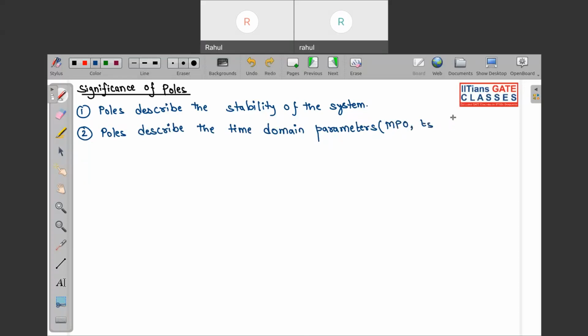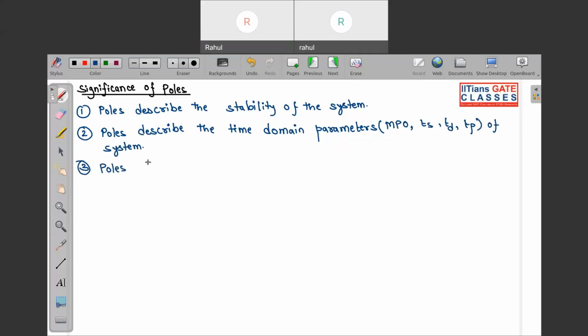All those things we will see later on, but at the moment just note over here: poles describe the time domain parameters of the system. Third, poles describe the time constant. This we are going to discuss just now.